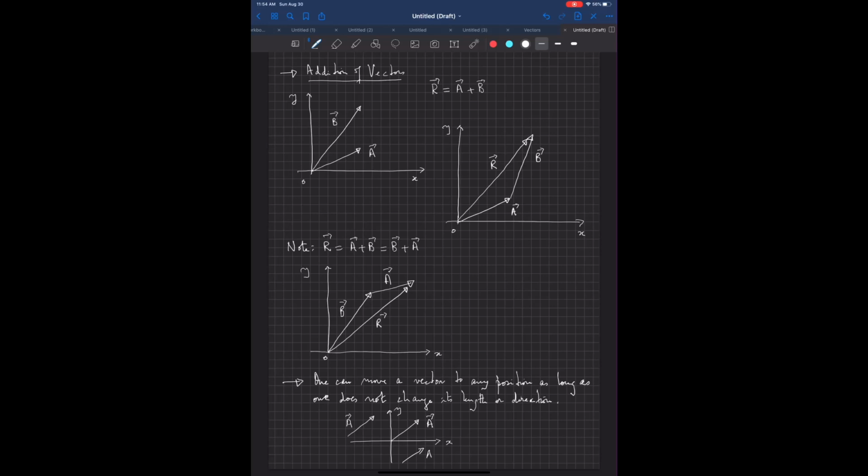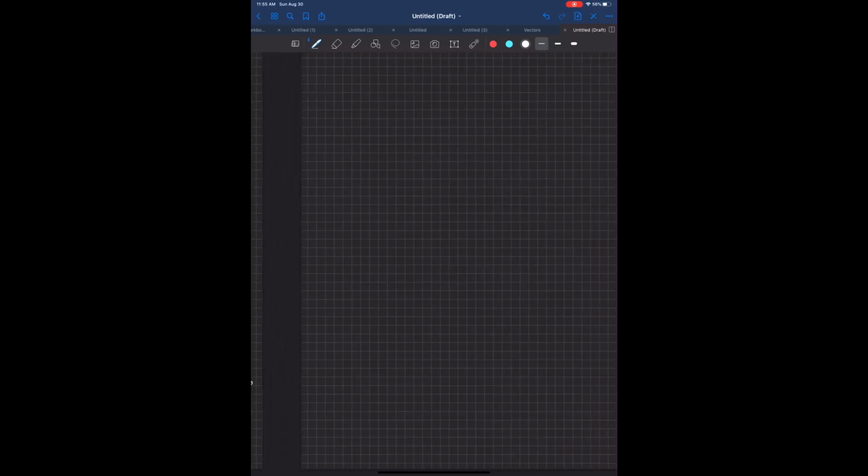This is also the vector A. And this idea is what I've already used in the addition of the vectors above. And these types of vectors are referred to as free vectors. Okay? All right.